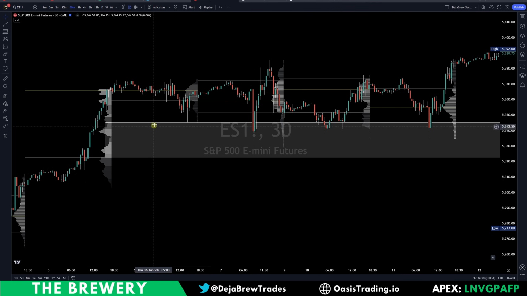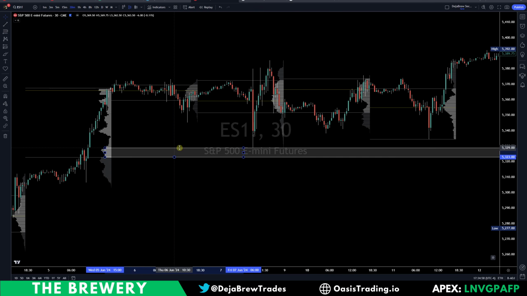So this was the incomplete auction on Thursday, and then they tried to repair it even further on Friday. And then this was the left open incomplete auction on Friday. So seeing these failures to rotate, this is very bullish for the market structure, for the overall trend.